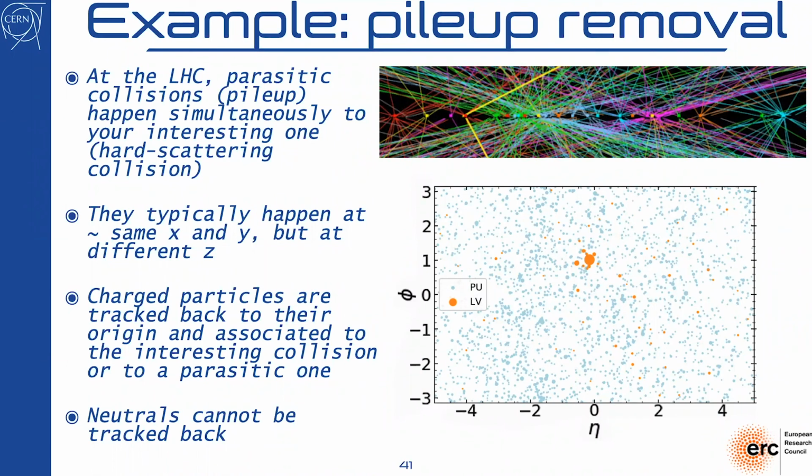And now you're playing the same trick as the social media example I was discussing, where basically you sit on a generic particle and you look in the neighborhood to see if there are charged particles that come from the primary vertex, and charged particles that come from the pileup.